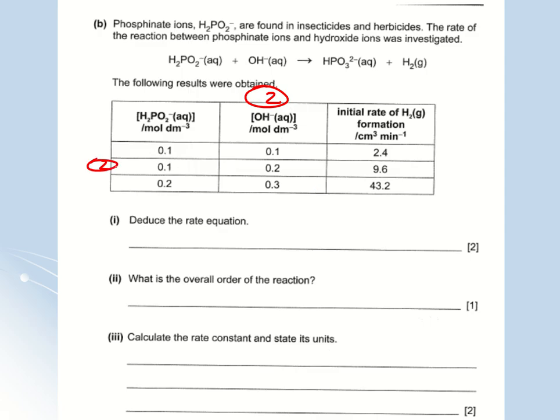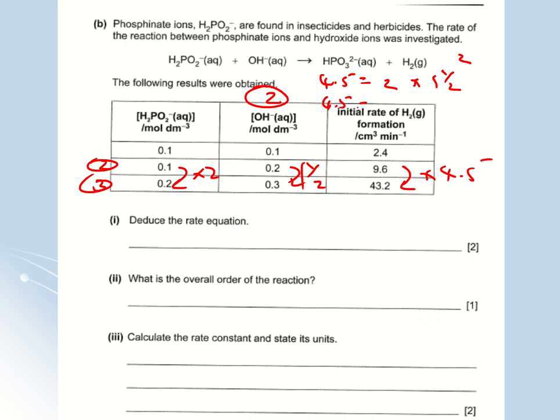Right, so we're going to look at experiment 2 to experiment 3. This has gone up by a doubling. This has gone up by 1.5, and this has gone up by a factor of 4.5. So my rate has changed by 4.5. My H2PO2s have gone up by a factor of 2, and my hydroxide ions have gone up by a factor of 1.5, but that is 1.5 squared, which is 2.25.